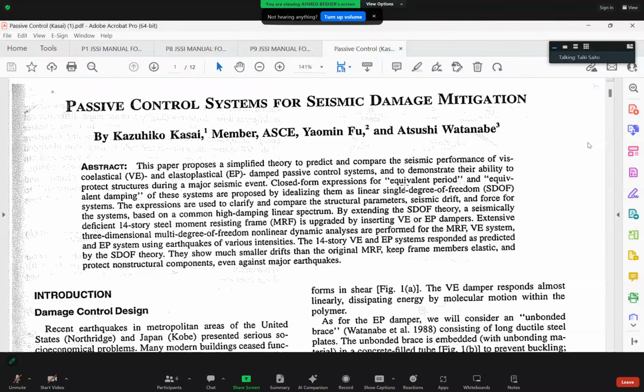So, Ahmed-san, there's a Japanese book describing in detail in Japanese. For the viscoelastic? No, for all dampers. It's very thick. Can I show? I mean, can you see? Yes, yes, I can see.